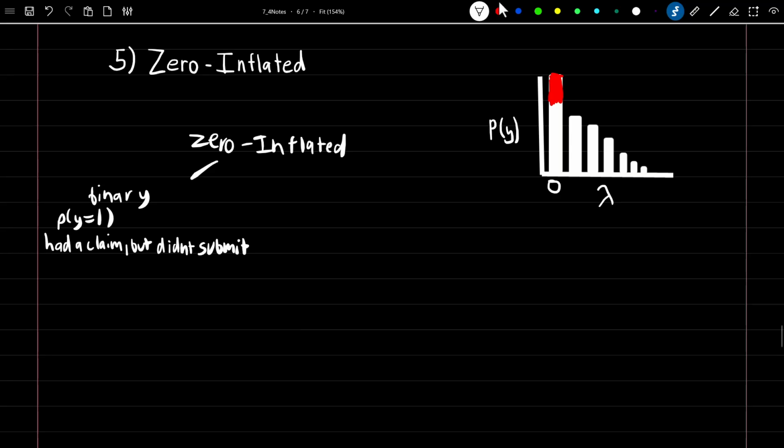And then our second model is going to be our count model, which is just going to represent the count of claims. So the different models we can use for a binary portion, we could use either logistic regression or probit regression. And for our count, we generally use either Poisson or negative binomial.